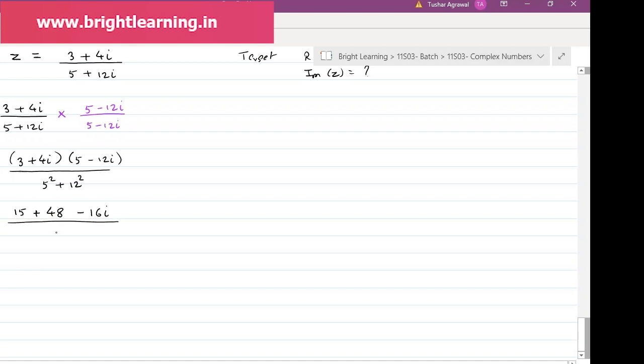In the denominator, there is 13 square. 48 plus 15 is how much? 63. Minus 16i upon 13 square. This is my z.